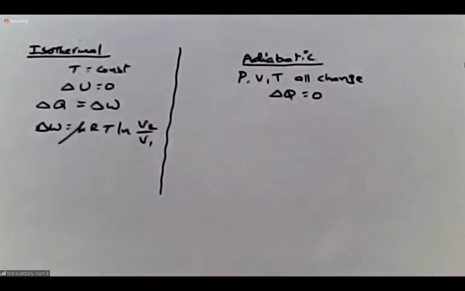When pressure, volume, temperature all change, such processes we named polytropic processes. Do you remember it? Yes, sir. Okay.